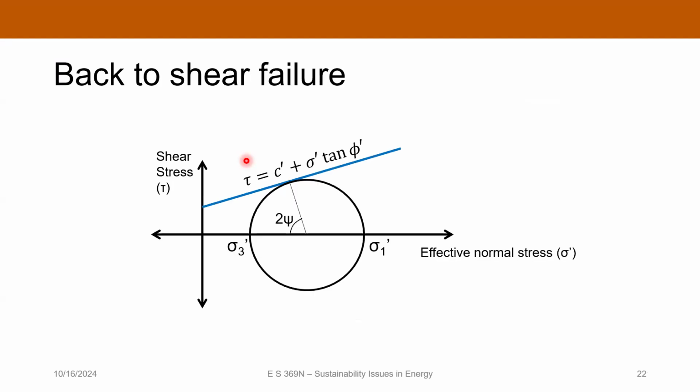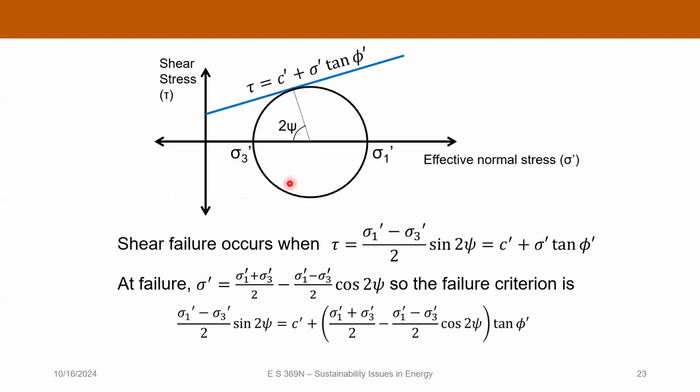Now, the other failure mode, of course, is shear failure. And shear failure is going to happen again when our Mohr circle intersects our failure envelope. Now, there's a bunch of trigonometry involved here, and I'm not going to go through the steps. I actually pulled these slides from my graduate drilling class, so there's more math in it.